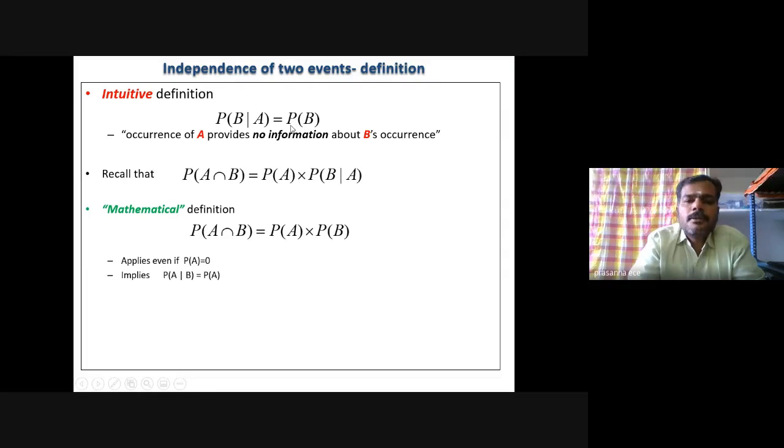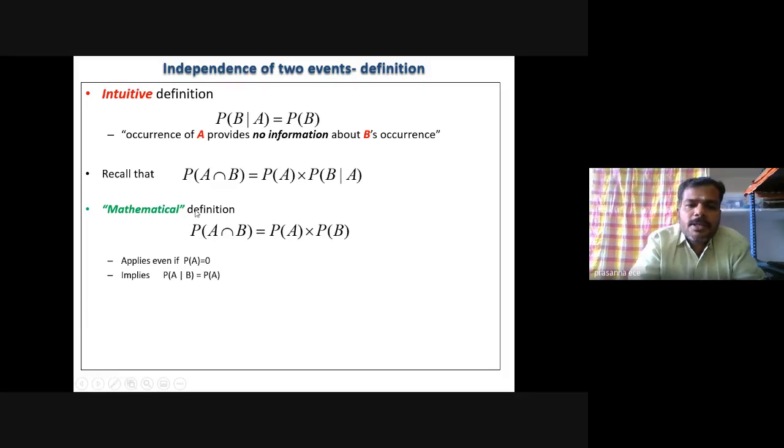This is again a consequence of the intuitive definition. Just recall that previously, by the use of conditional probability, P of A intersection B can be written as the product of P of A and the conditional probability of B given A. Since by our intuition P of B given A is equal to P of B, we can arrive at this definition. We just replace the conditional probability P of B given A by P of B here.